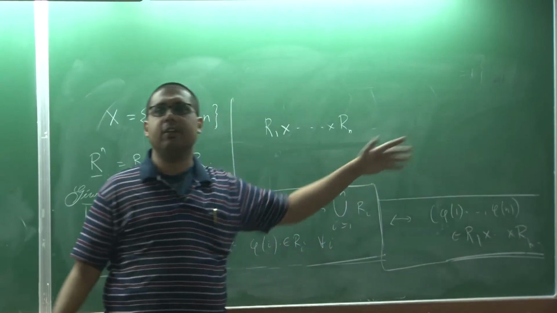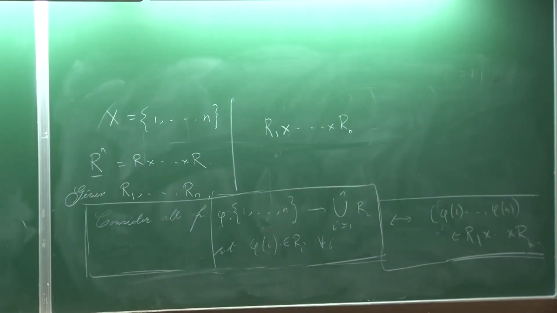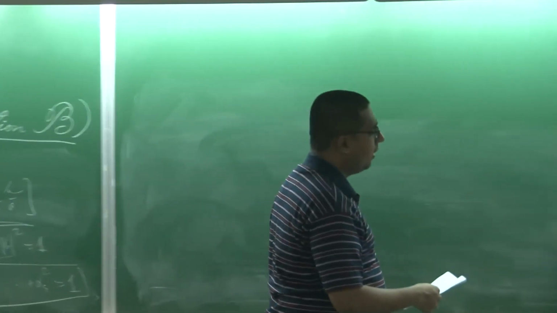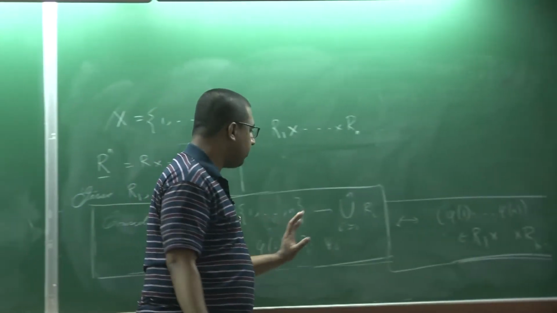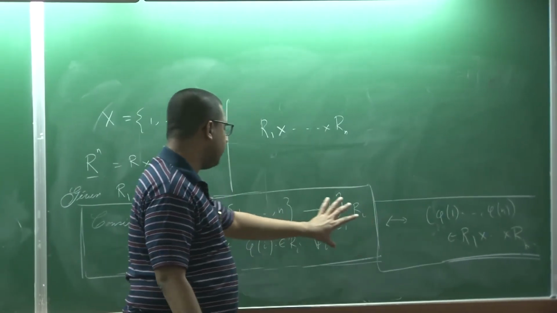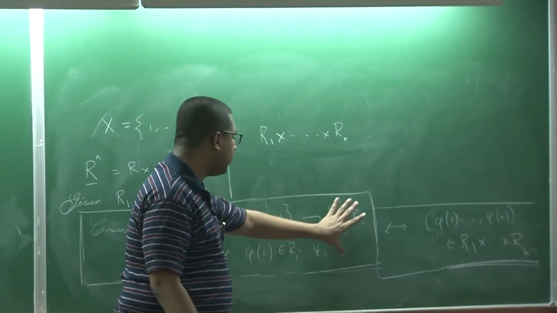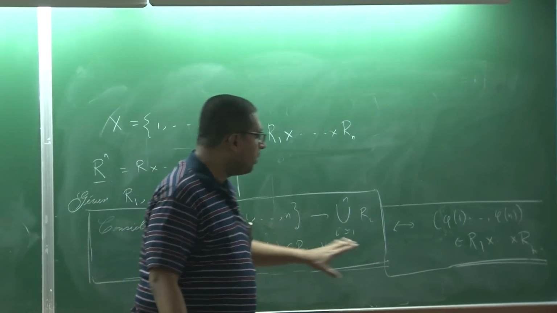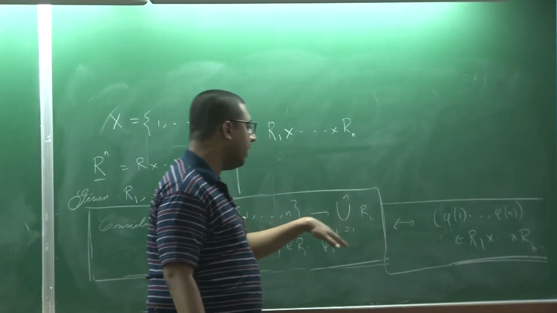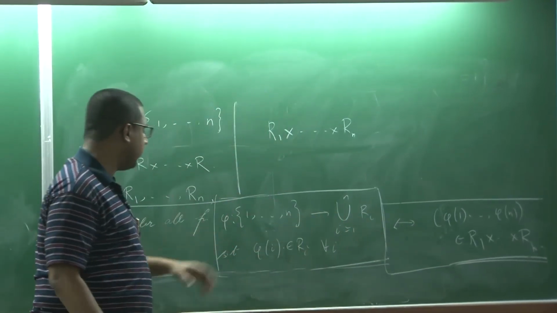But if the collection is infinite, what do you mean by a tuple? Infinite or even uncountable. So therefore we have to switch to this description, okay. So for tuples we see these are equivalent. So in general case we will take this one.